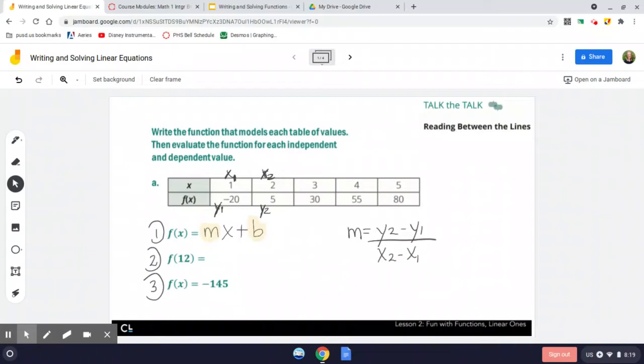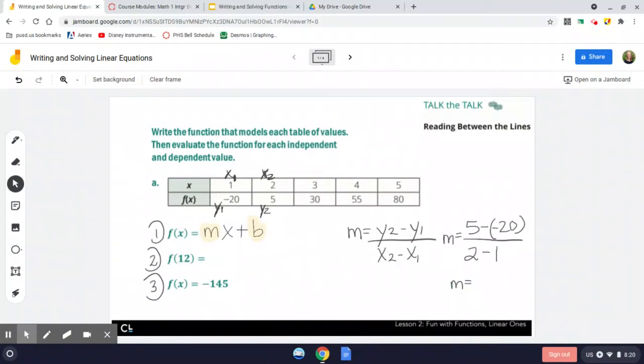So I'm going to just plug these values into my equation. y sub 2 was 5 minus y sub 1 was negative 20, over x sub 2 was 2 minus x sub 1 was 1.